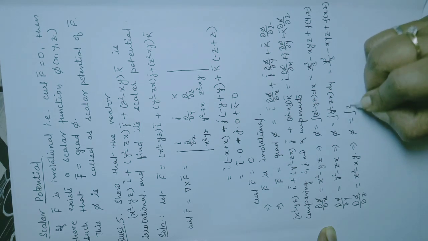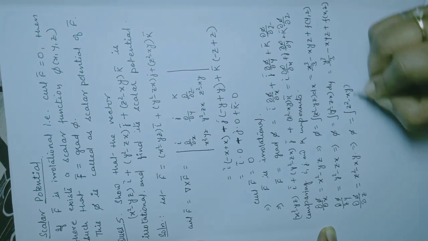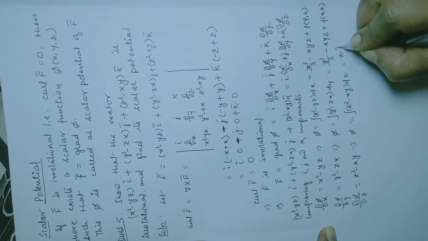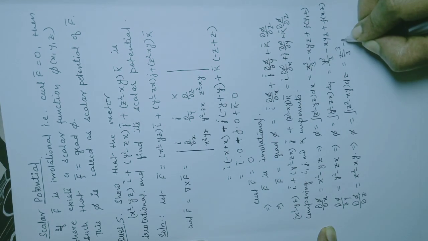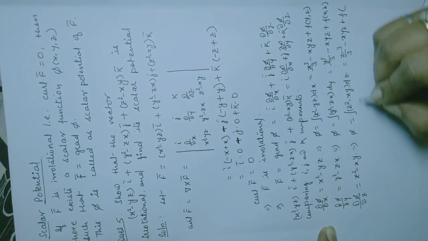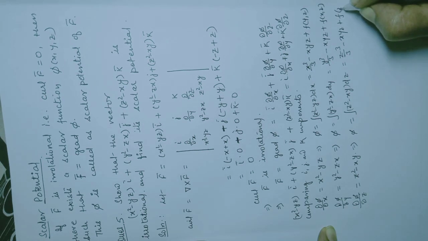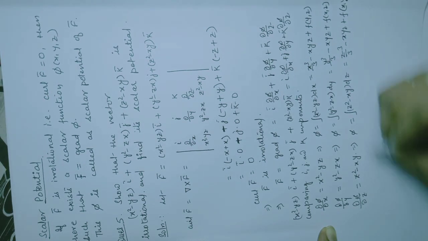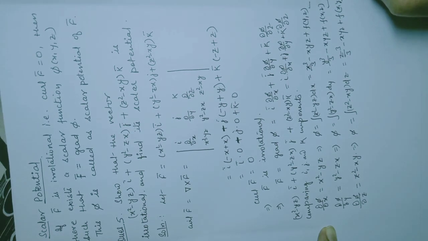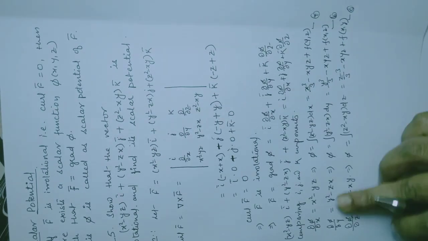Here you get phi equal to the integral of z square minus xy dz, which is equal to z cube by 3 minus xyz plus a function of x and y. So let these be the three equations A, B and C.